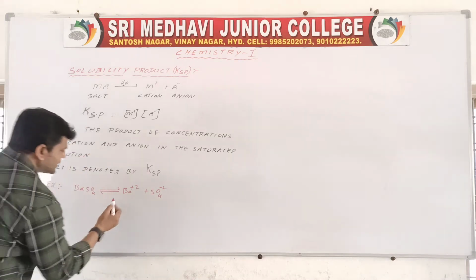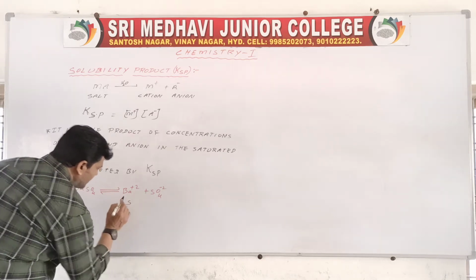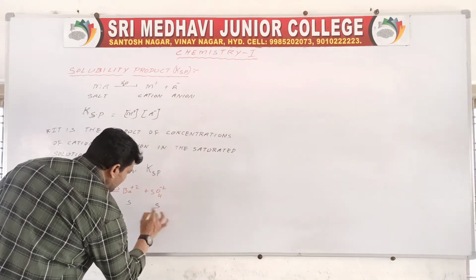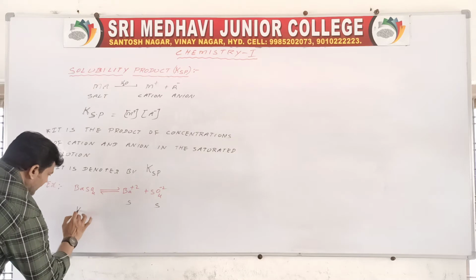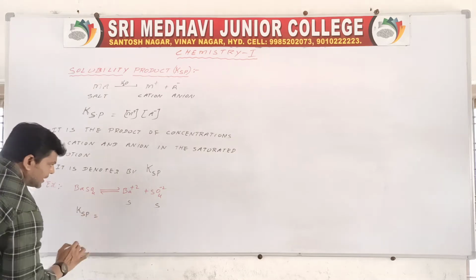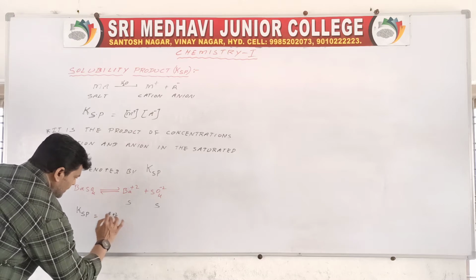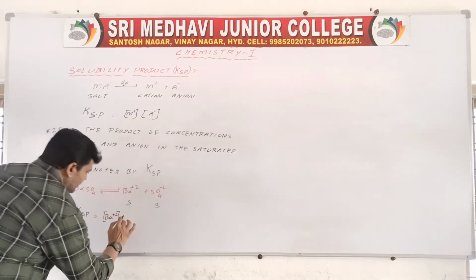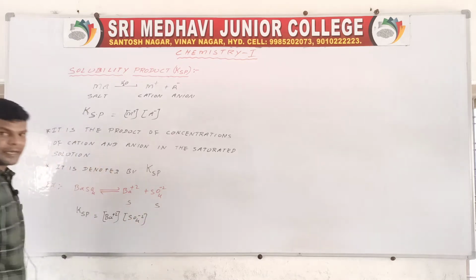Then its solubility is S. See here, KSP is equal to Ba plus 2 concentration into SO4 minus 2 concentration.